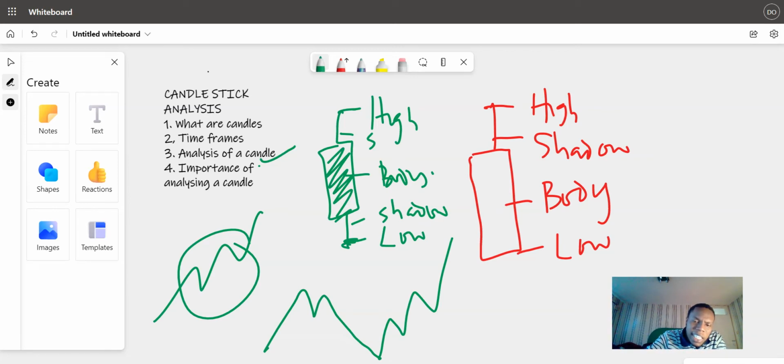Then it eventually came down to form a weakness. So the price became weak and it started selling. Then later on, the market gained back strength, then it started buying. So it leaves us with what we call a weakness. That's what we mean by weak. So I'll explain that part.